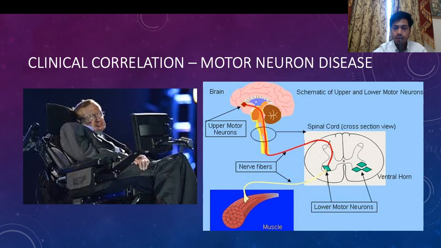So once that upper motor neuron is damaged and affected, your transmission will not exist, obviously, and unfortunately, you'll tend to get symptoms of motor neuron disease, which impact nearly 100% of your body. So that is the clinical correlation here with motor neurons and the cerebral cortex.